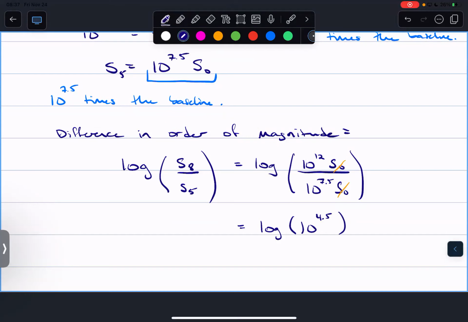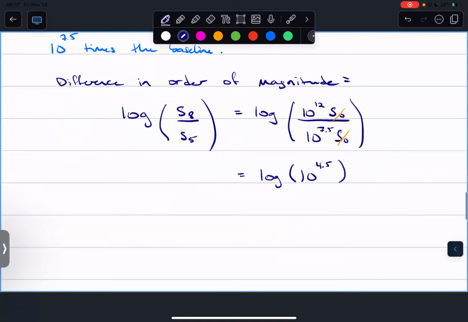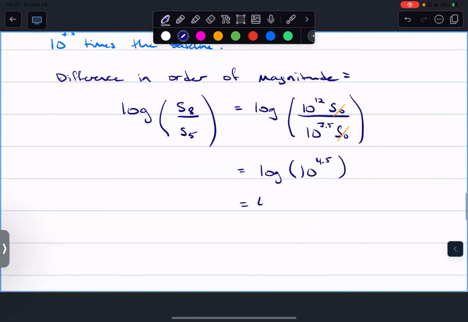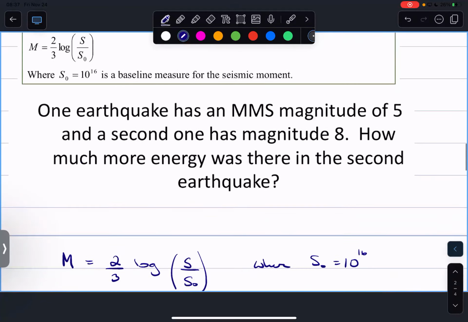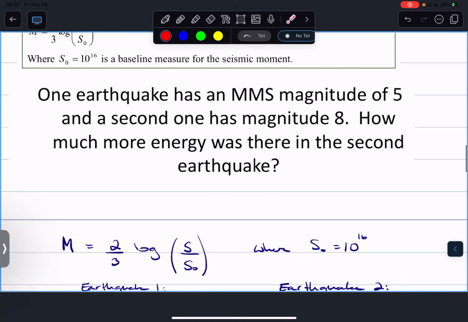The log base 10 of 10 to the power of 4.5 is 4.5, which means that there was 4.5 times more energy in the second earthquake.